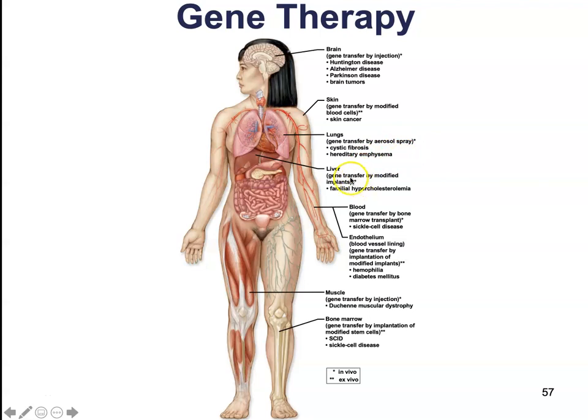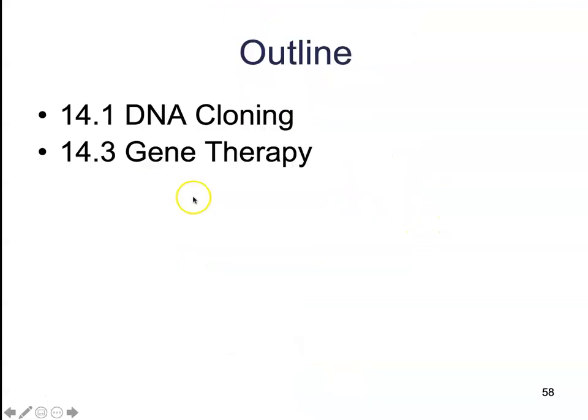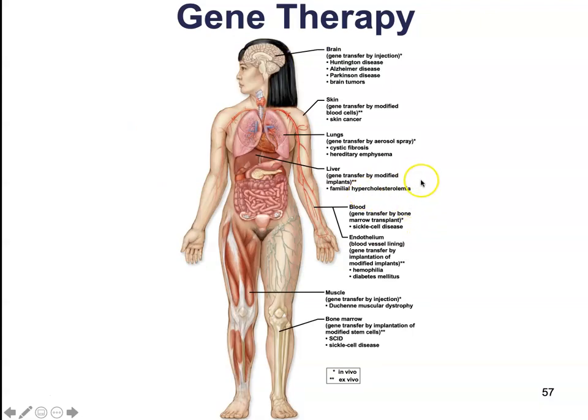In the liver, we can use gene transfer by modified implants to treat familial hypercholesterolemia. In blood, we can treat bone marrow to treat sickle cell disease. Endothelium, we can use to treat the blood vessel lining. We can use that to treat hemophilia, diabetes mellitus, so on and so forth.